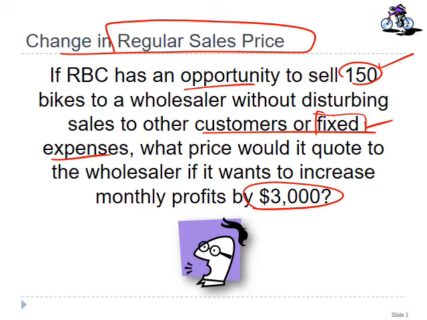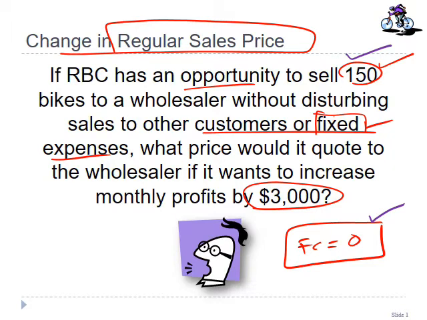So what we can say is, what if our price is so low, right? The idea is the price is so low that we can ignore our fixed cost, because whether we take these 150 units or not, our fixed cost is not going to be affected.